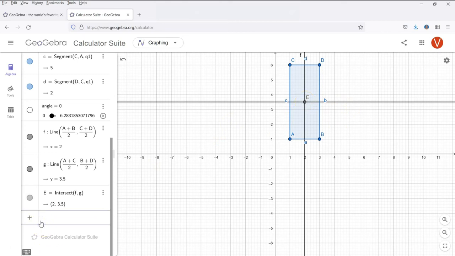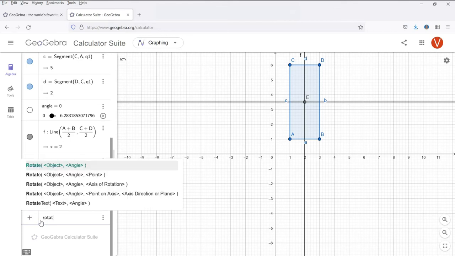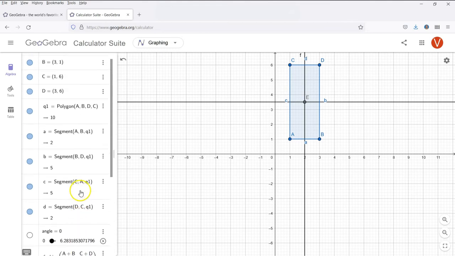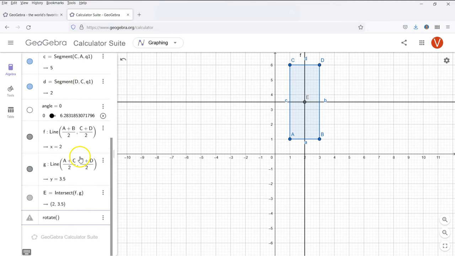Okay, now let's make it rotate. So rotate Q1, the polygon, by this angle, and the axis of rotation is going to be E.